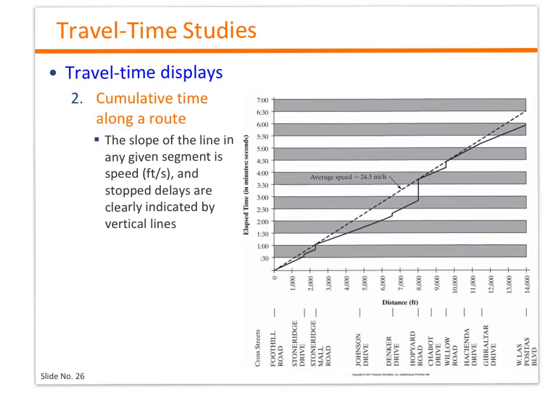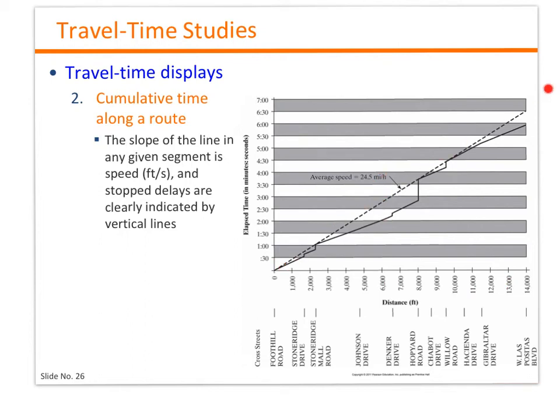Another way of displaying travel time outcomes is the cumulative time along a certain route. Here the x-axis is the distance from 0 all the way to 14,000 feet, and the y-axis is the elapsed time. And here we have two lines.